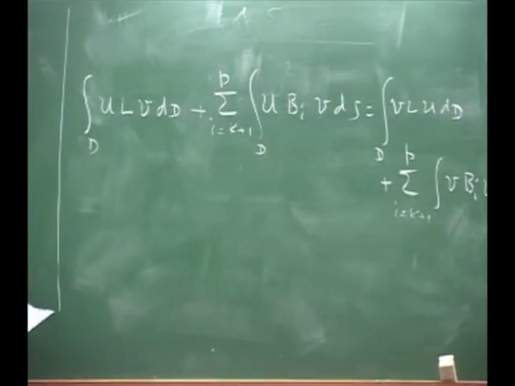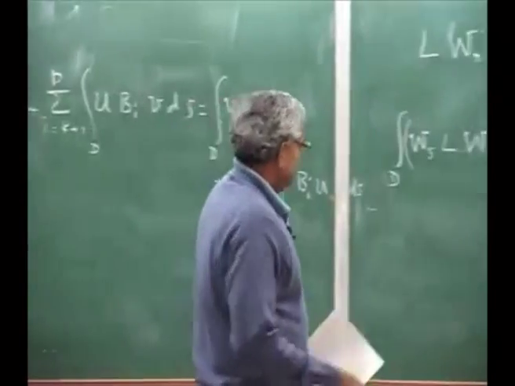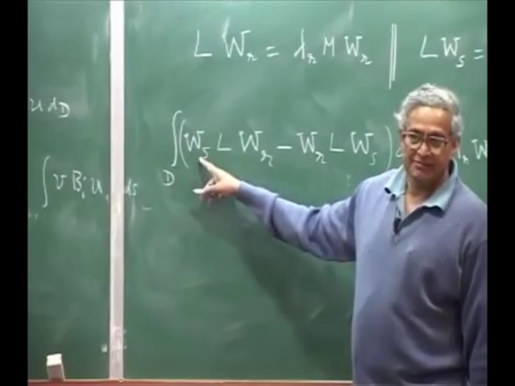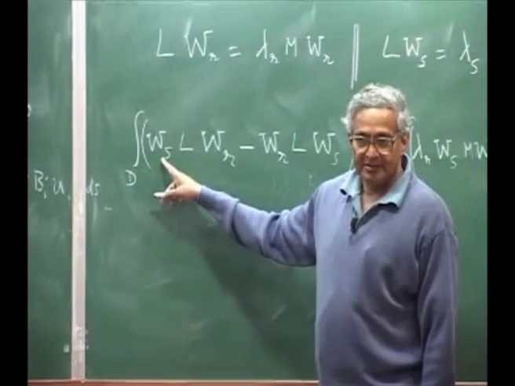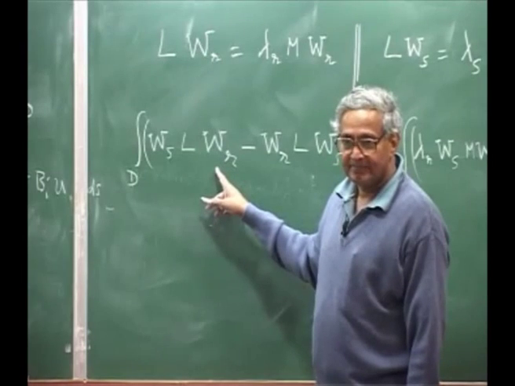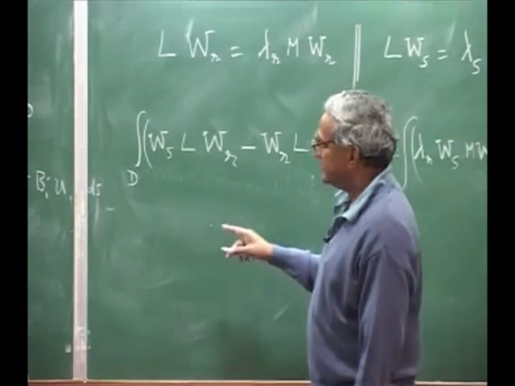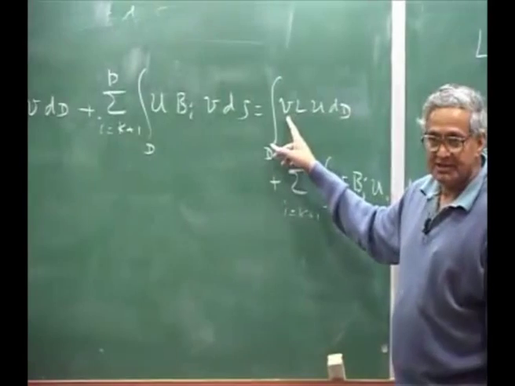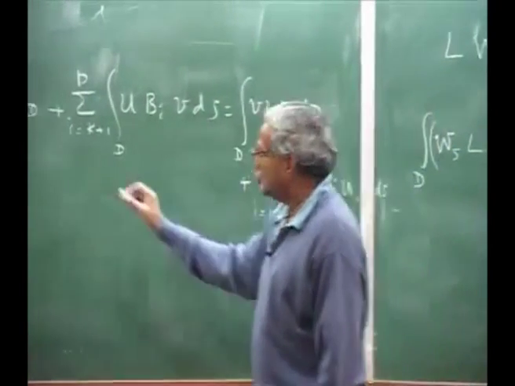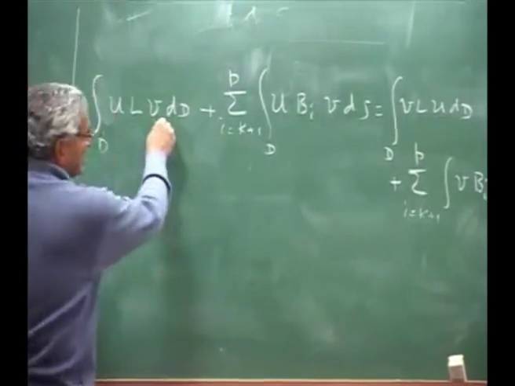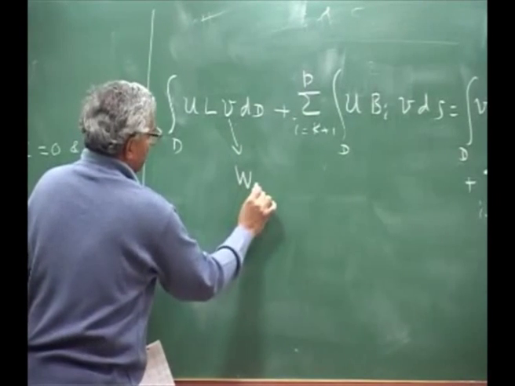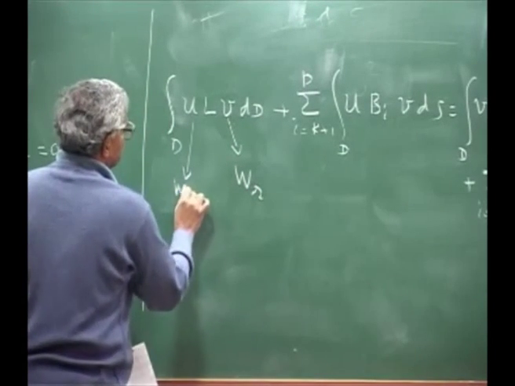Now what I can do is, instead of U and V, you have WS, WR. Okay, which means I am replacing here this by WS, WR. U is WR, sorry, this is WR, this is WS.